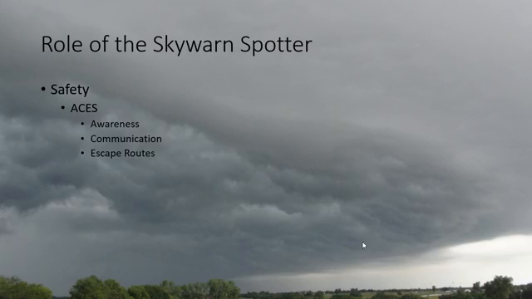E is escape routes. If you're caught outside and a tornado is coming down, or like you see a tornado, always have a second escape route. Because as I'm going to one, I'm looking to see what's around me using my awareness.